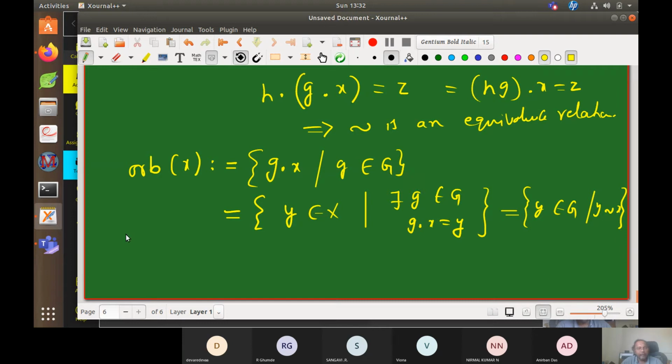So when you say that G acts transitively on X, then what happens? Can somebody tell me, please? Orbits partition X. What do you mean by G acts transitively?